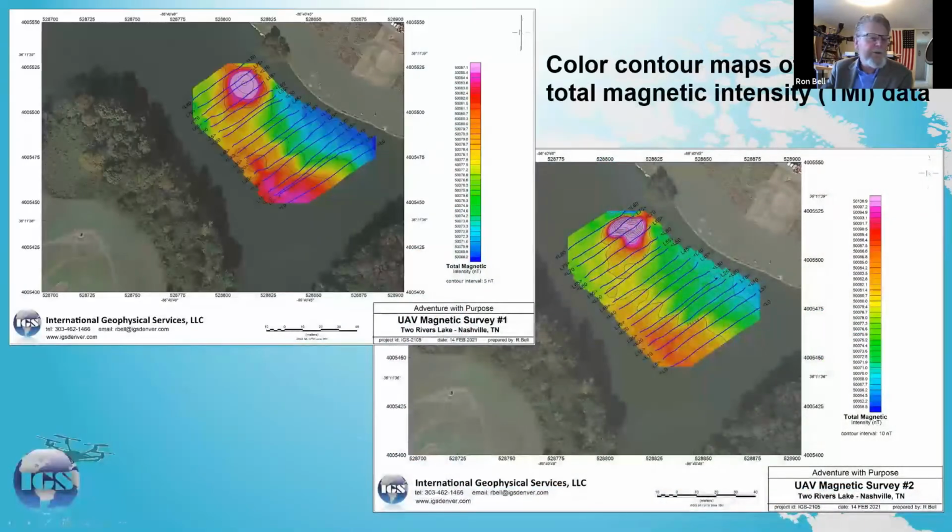And these are the magnetic data that he acquired using those surveys. And I think the 22 is the one that's a little bit more detailed in the data.